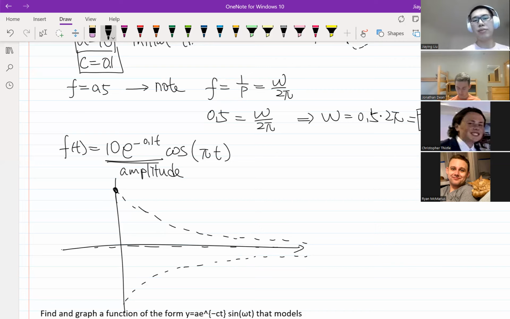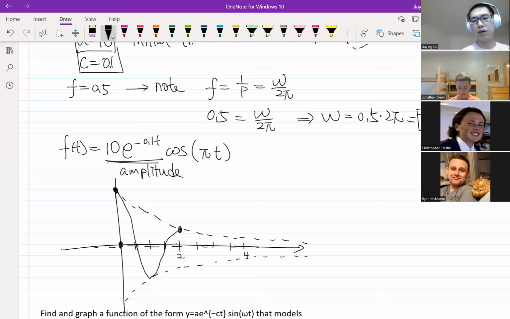And then this cosine pi t, the period is going to be 2 pi over pi. It's just going to be 2. So that's a 2, this is a 4, and that's a 0. And it's cosine, so it's going to begin with the highest point. It's going to go down to the midline and then go to the lowest point, go back up to the midline, go to the highest point. That's the end of a period, from highest to highest.